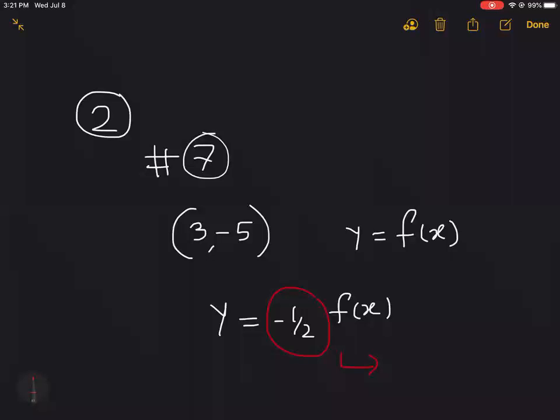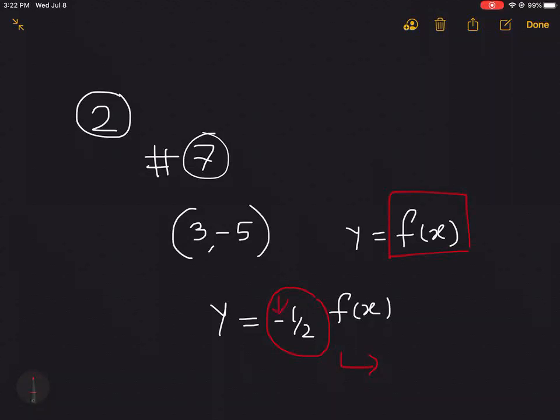So first of all, yes, it does make the functional value negative, okay? And of course, it also makes it half of the previous one, half of what we had. We had f of x, now it will be half of that, and also it will be negative.